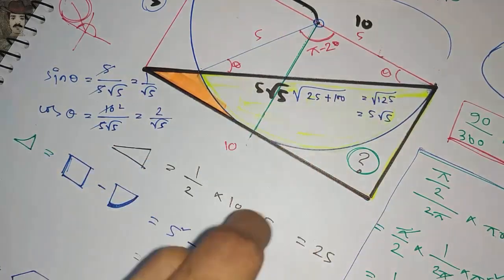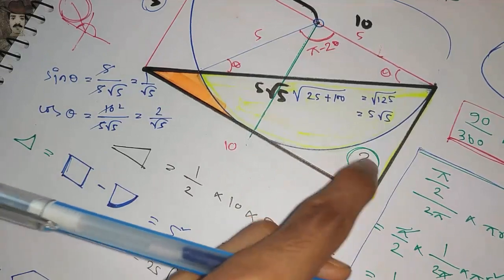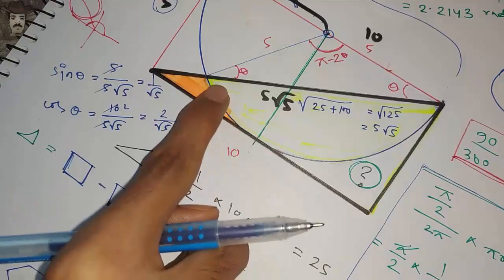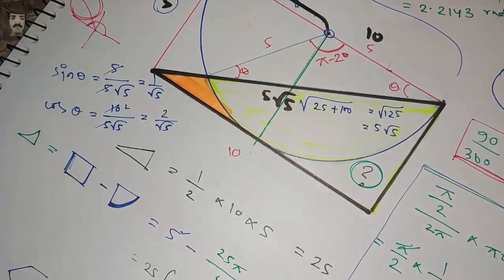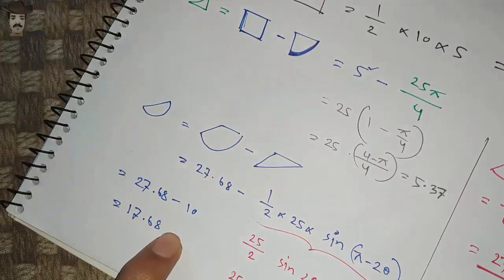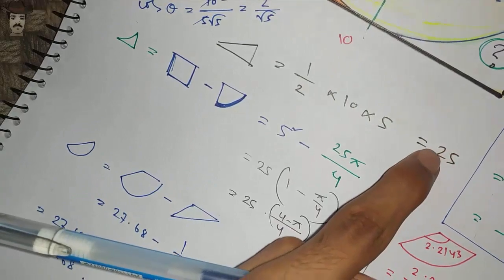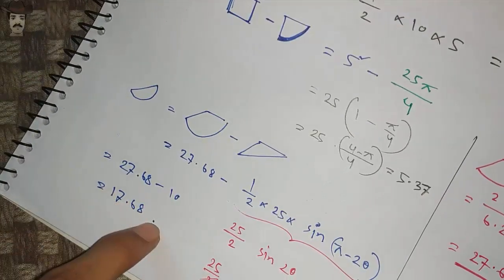The area of the triangle is 25, the area of this white region we derived to be 5.37, and the area of the green region is 17.68. So our final result will be 25 minus 5.37 minus 17.68.